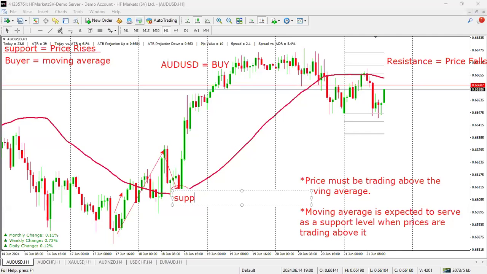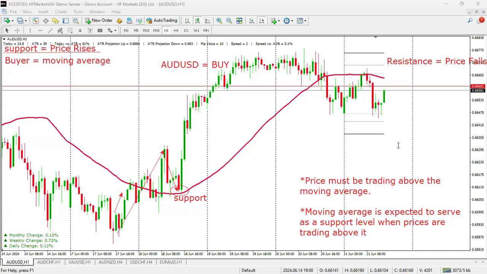Which means if you miss out on a particular opportunity on a buy in the market, you could still wait for a retracement to the moving average as a support level for you.